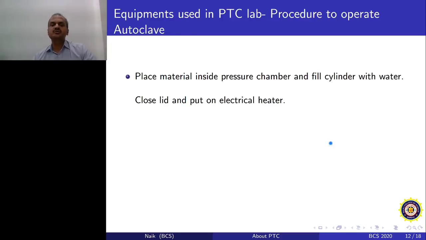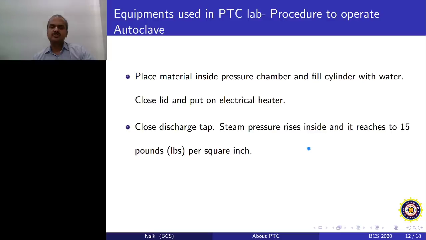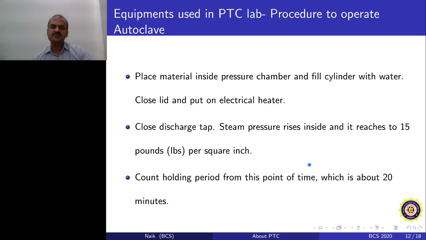So what is the procedure to operate this autoclave? Basically you place the material inside the pressure chamber and fill the cylinder with water, normal tap water. Close the lid and put on the electrical heater, so you switch it on. Then close the discharge tap. Steam pressure rises inside and reaches 15 pounds per square inch, that is 15 to 20 lbs per square inch.